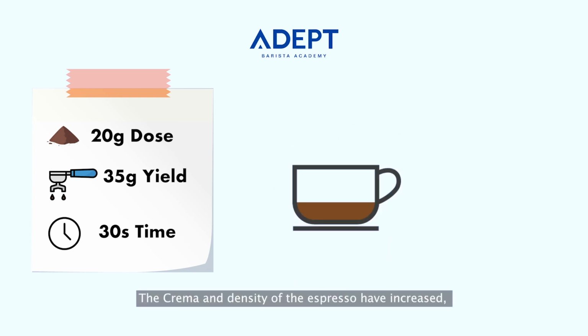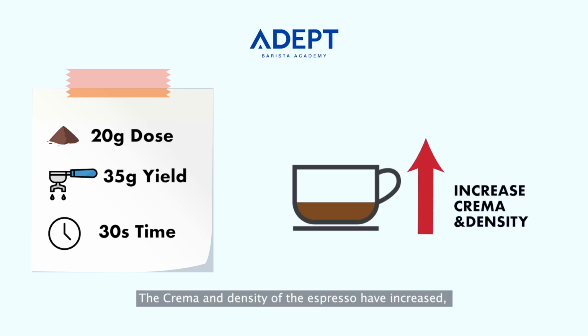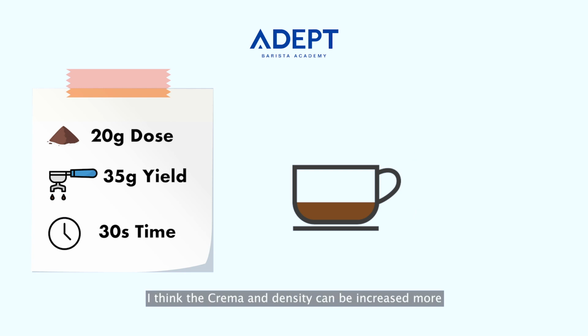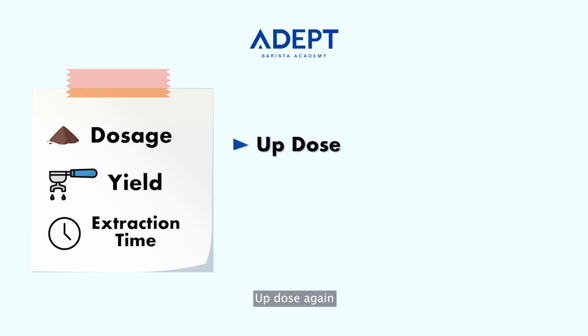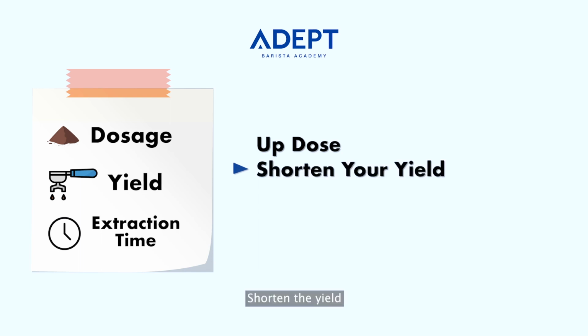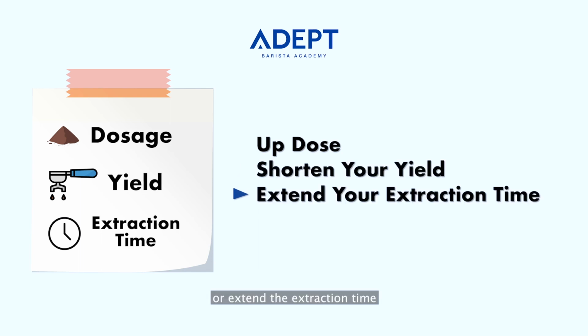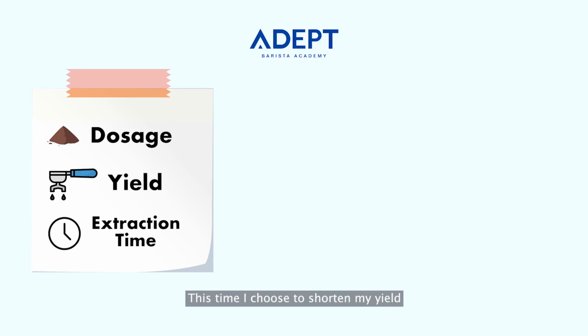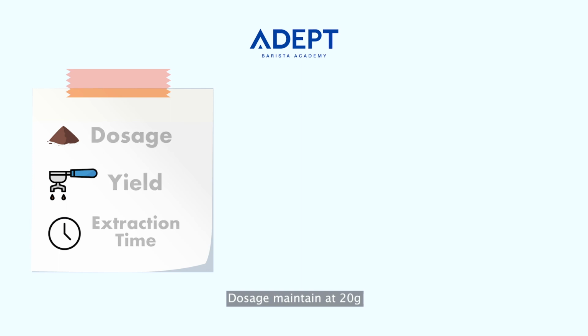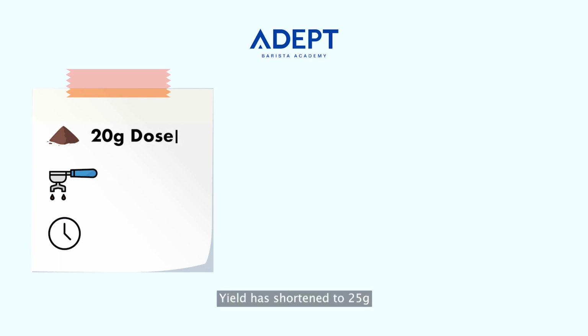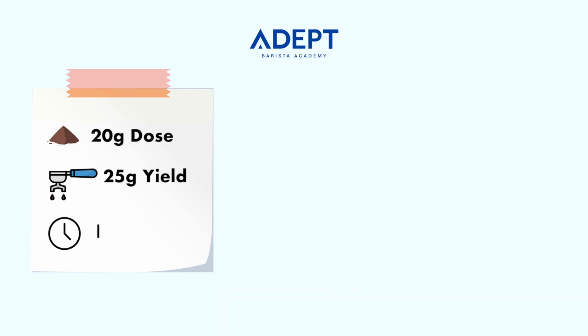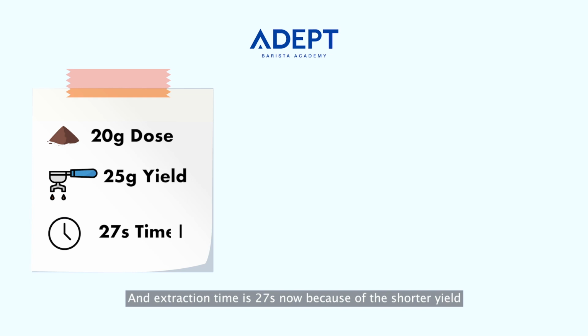The crema and density of the espresso have increased, but still, I think the crema and density can be increased more. So what I can do now is up dose again, shorten the yield, or extend the extraction time. This time, I choose to shorten my yield and I'll lock the dosage. Dosage maintained at 20 grams, yield has shortened to 25 grams, and extraction time is 27 seconds now because of the shorter yield.